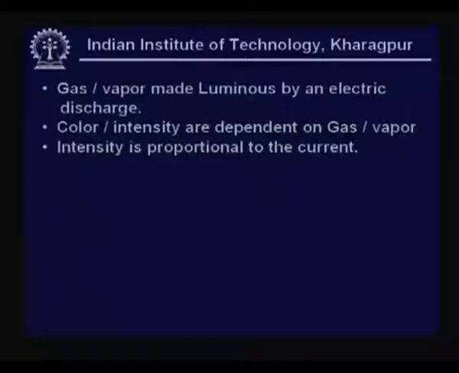Now, for a gas lamp, color or intensity depends on the gas or vapor. It is the gas or the vapor that is employed that decides the nature or the color of the radiation. For instance, when you have a neon lamp, neon gives rise to red color radiation.